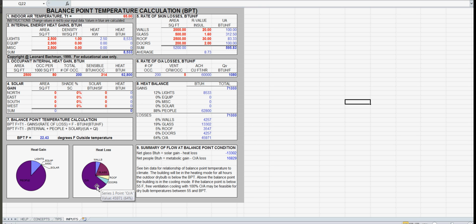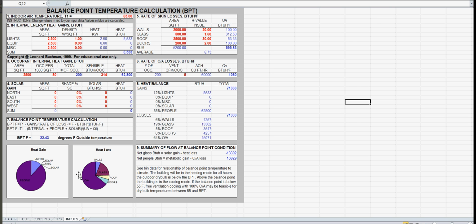Either we accidentally lose air through cracks and openings, or we purposefully change air by mechanical ventilation. So for these two things to be equal, it has to be colder outside.